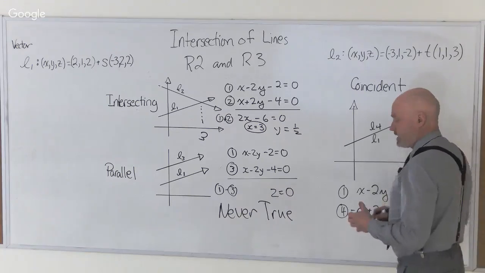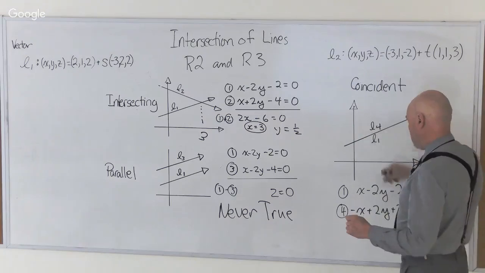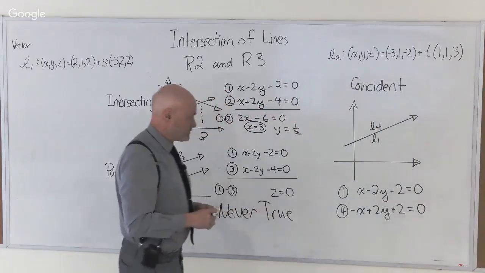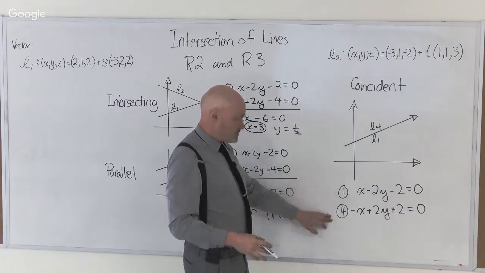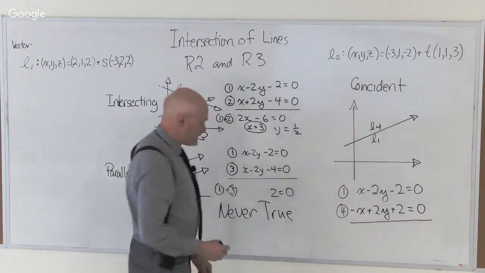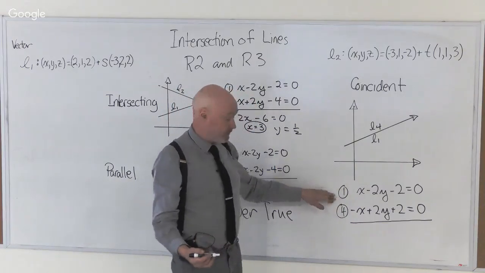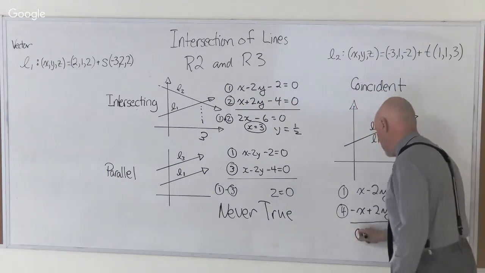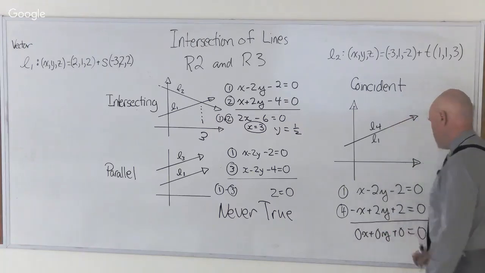The last example I can get in 2-space is where the lines are coincident. Okay, so I've got line 4 lying on line 1. All of the points in line 4 are the same as the points in line 1. Basically, here's equation 1, here's equation 4. I can just see that essentially equation 4 is equation 1 multiplied by -1. When I go to add these together, I get 0x plus 0y plus 0 equals 0, okay?